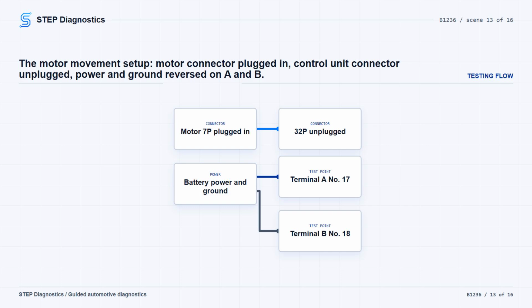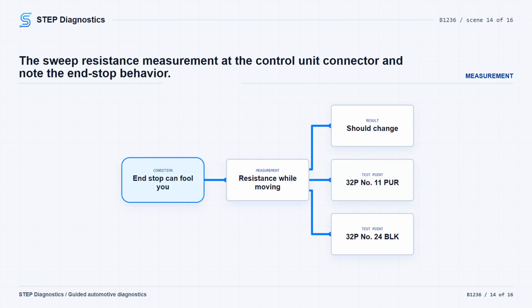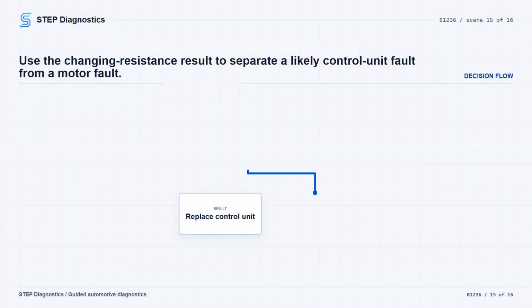Measure resistance between climate control unit 32P connector no. 11 PUR and climate control unit 32P connector no. 24 BLK. The resistance should change between about 0.6 kΩ and 1.8 kΩ. One note: continuity between S5V and AMDP as may disappear when the motor is turned to the stop, and the climate control unit usually does not turn the motor to the stop.